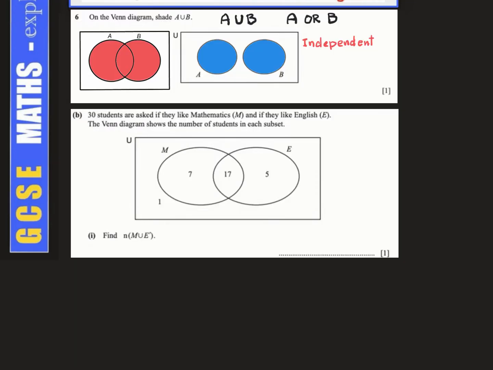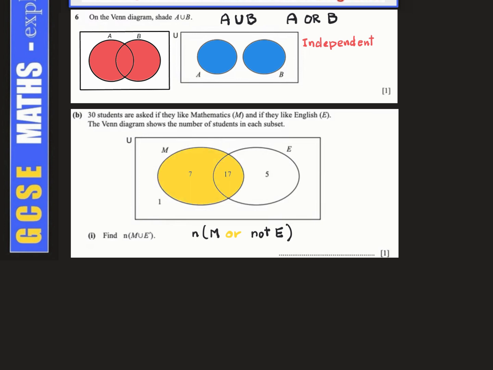This question asks you to find the number of students who like mathematics or do not like English. Or means that we're shading everything that's in maths and everything that's not in English. Okay, let's start shading in maths. Maths means this segment.